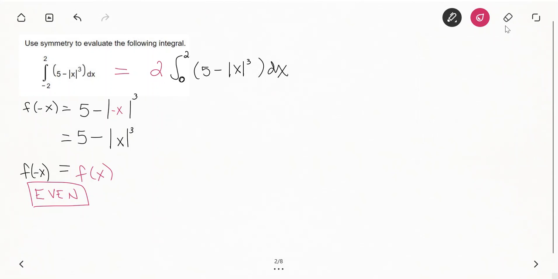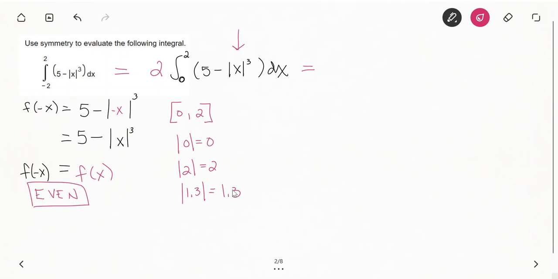Now the next thing I can notice here is that because our interval is going from 0 to 2, the absolute value of x is always non-negative, anything I picked in between there.